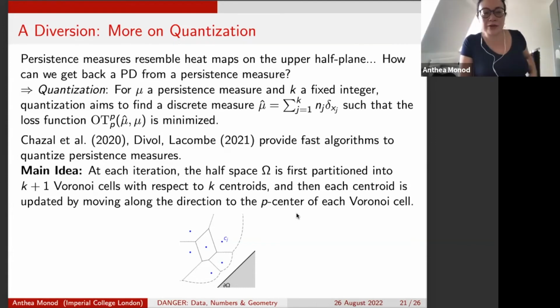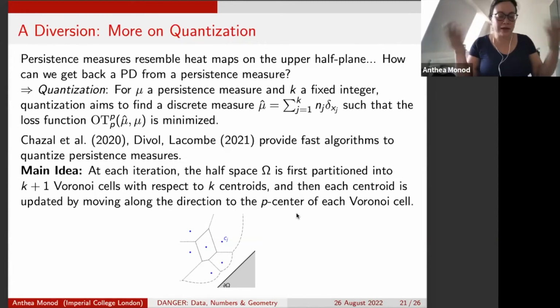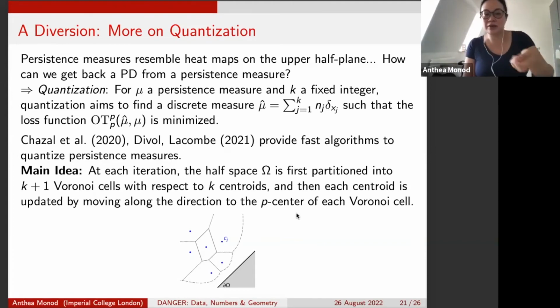This approach is known as quantization, right? It was more recently proposed by Fred Chazal and his students, where the idea is to have an iterated process where you partition your persistence measure into Voronoi cells, look at the centroids of each of these Voronoi cells, and then take that as a persistence point. So in this case we'll have something approximate.